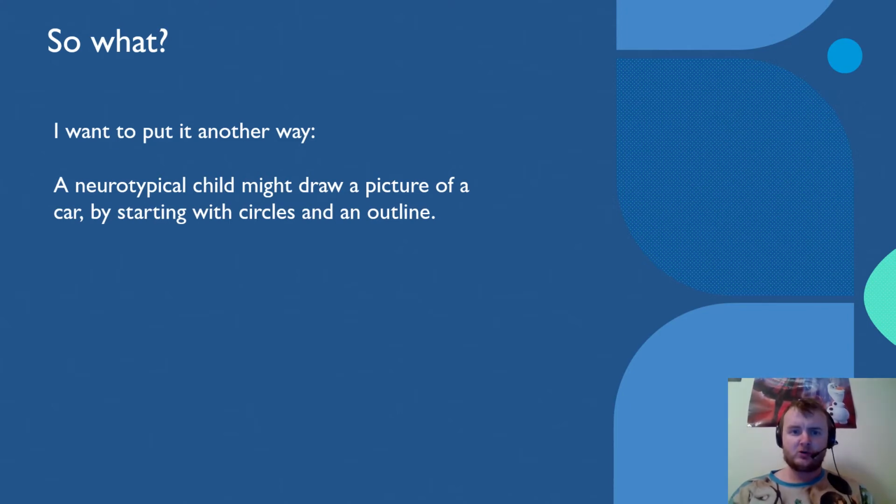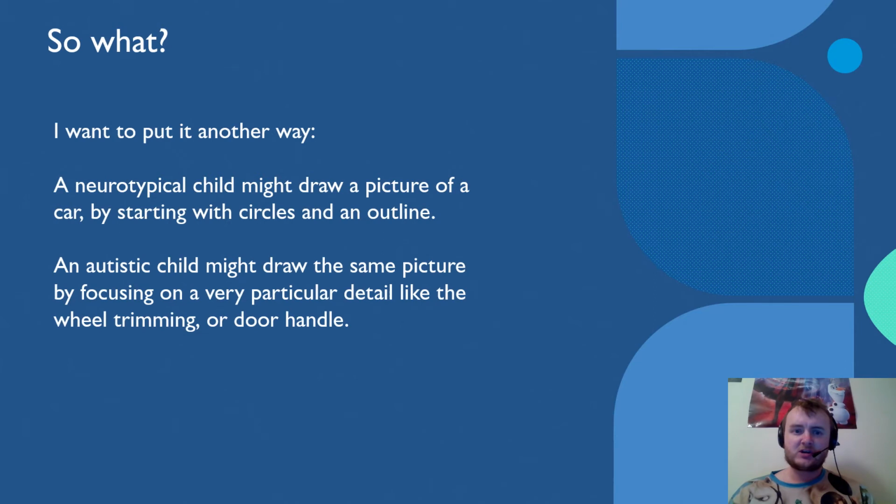You might think, okay, well, does that mean the autistic child will approach the situation slightly or completely differently? And the answer to that question is yes. The autistic child's sense of gestalt perception may mean that they see the car as separate sensory units, and therefore they will start drawing by first focusing on a very particular detail, such as the wheel trimming on one wheel, or a door handle on one door.